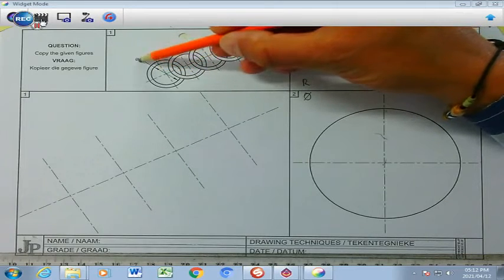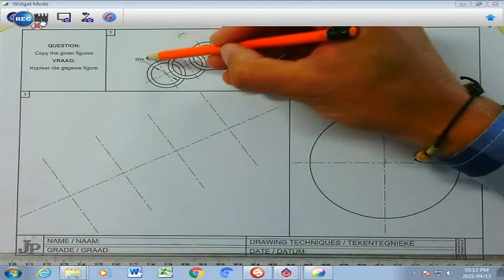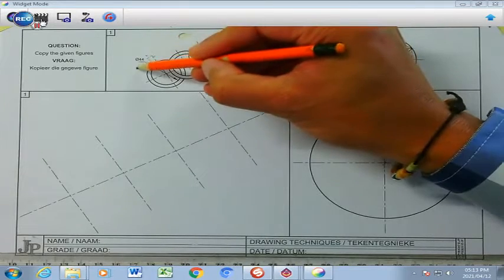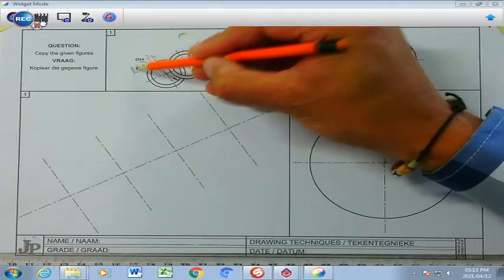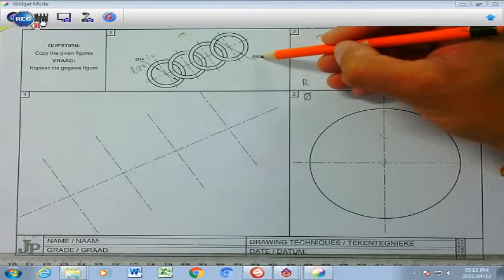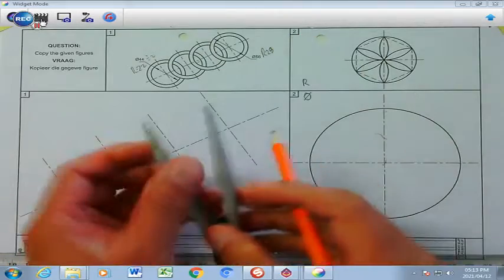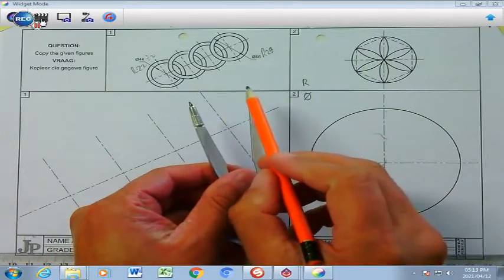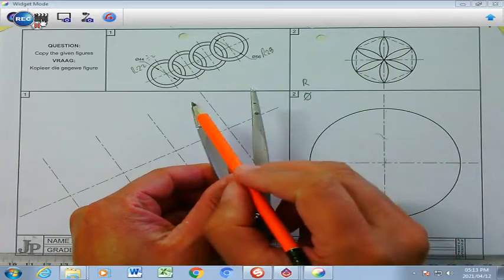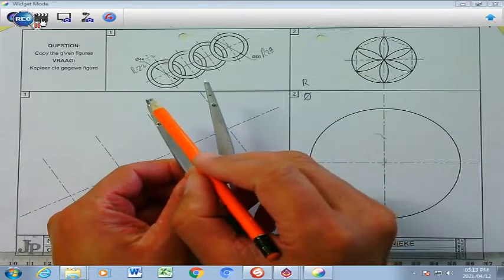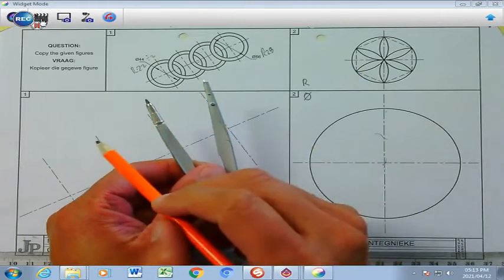So you take your diameter and divide it by 2, and that's going to give you 22 as a radius here. And if you look at the 56, that is going to give you a radius of 28, which means that for the outside circle, this distance from here to there must be 28. For the inside circle, this distance must be 22.